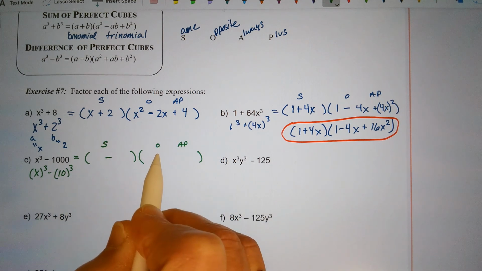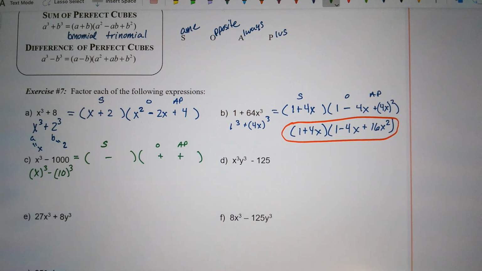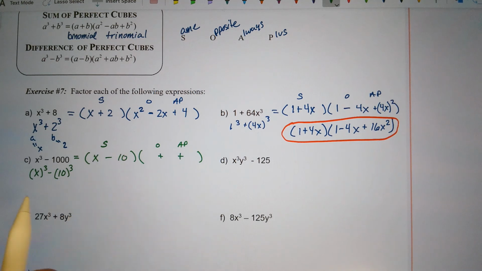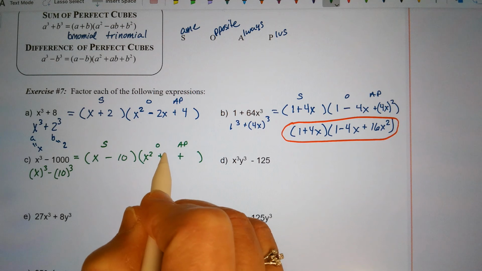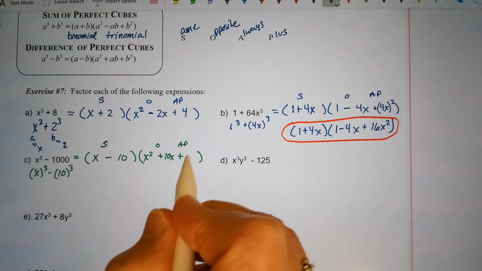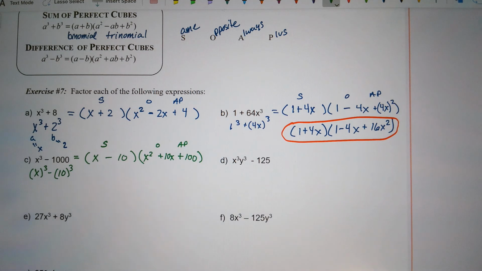Same, opposite, always plus. x minus 10 is the binomial. Trinomial, the first term is going to be x squared. And then the middle term is the product, x times 10. And then the end is 10 squared, 100.